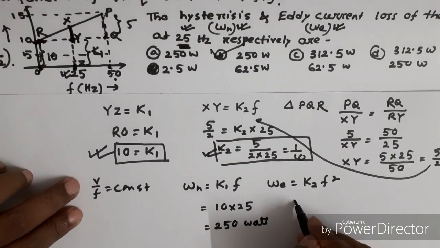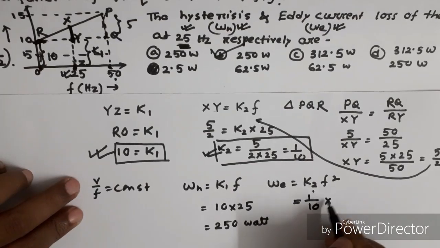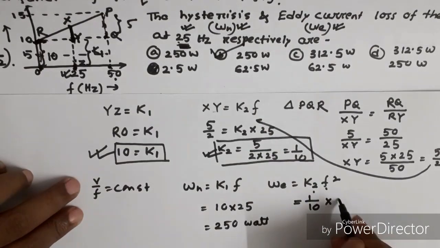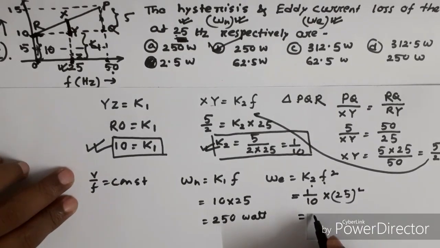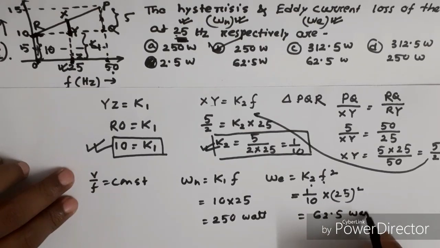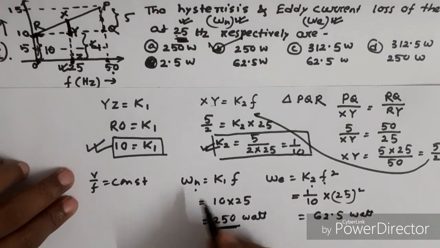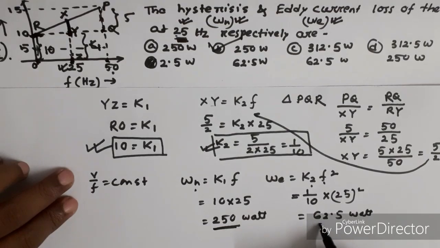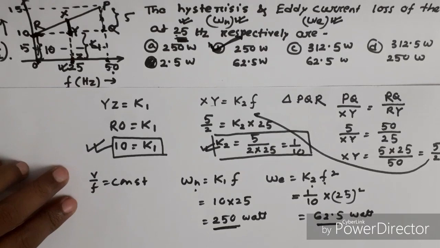K2 is 1 by 10, frequency of 25 Hertz, 25 square, that is equal to 62.5 watt. Answer: hysteresis loss is 250 watt, eddy current loss equal to 62.5 watt. Option B is the correct option.